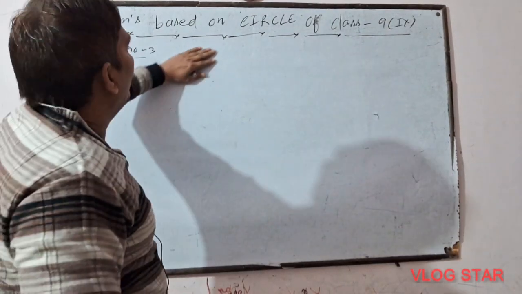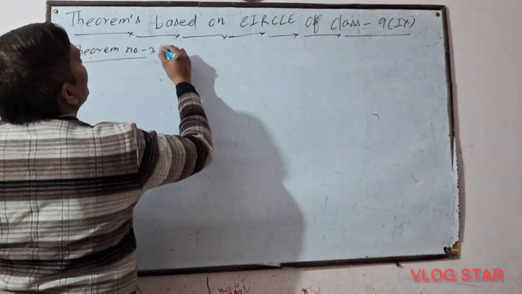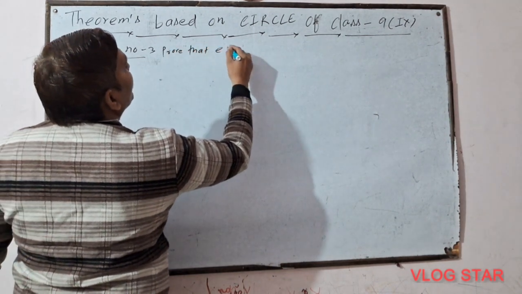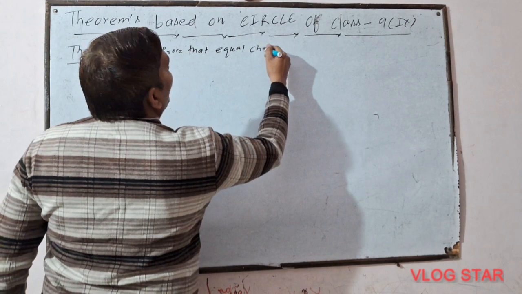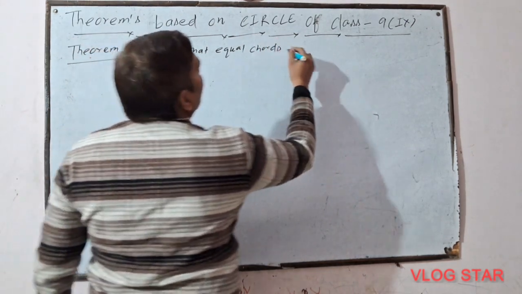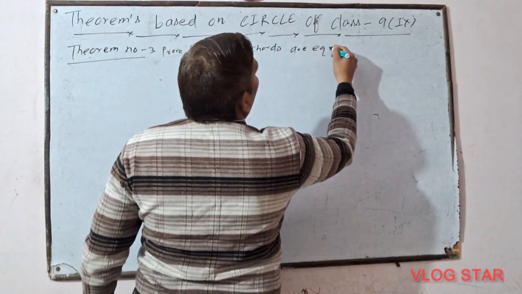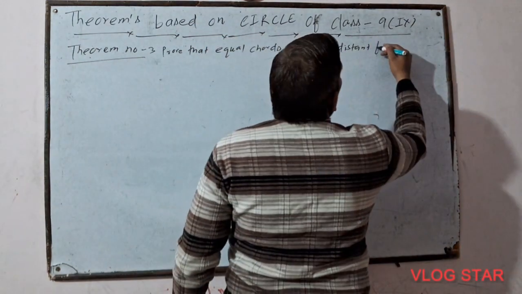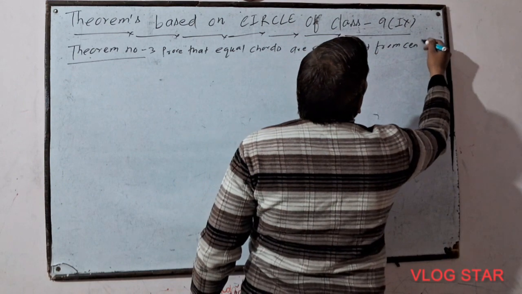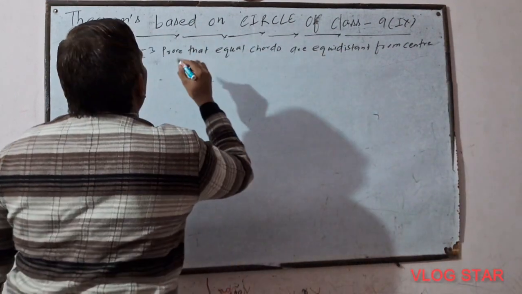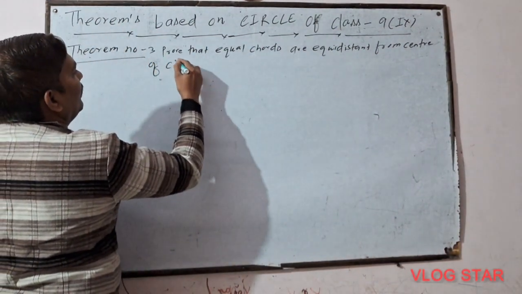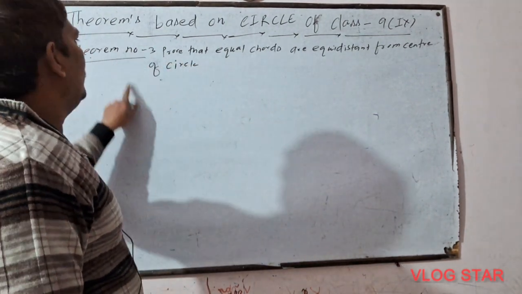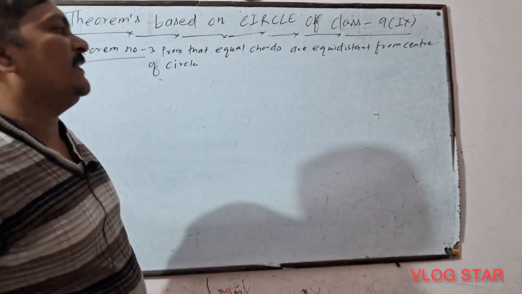Okay, now prove that equal chords are equidistant from center of circle. First we will understand the meaning of this theorem.